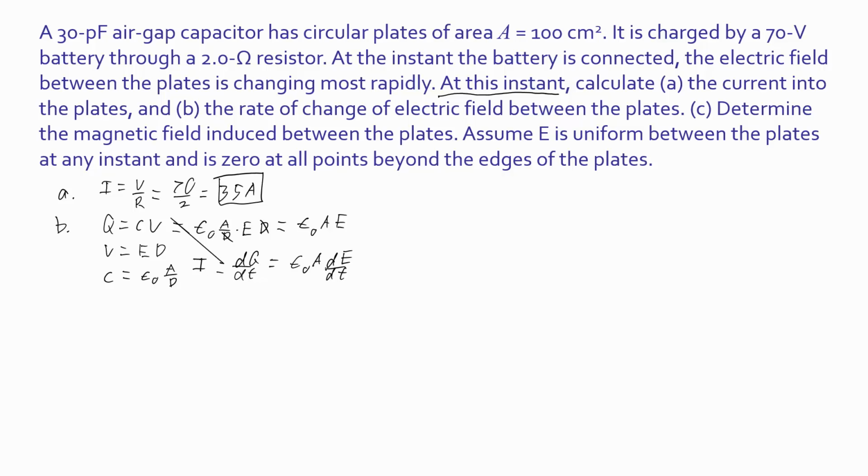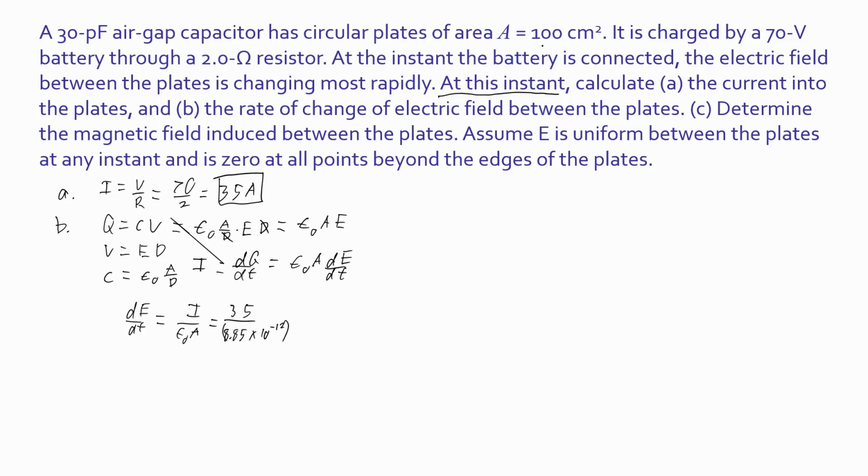Anyway, dQ/dt equals I, so I can say that my rate of change of electric field is equal to I over epsilon naught A. I was the 35 amps from the first part. Epsilon naught is 8.85 times 10 to the negative 12th, and then we multiply that by the area of the plates.